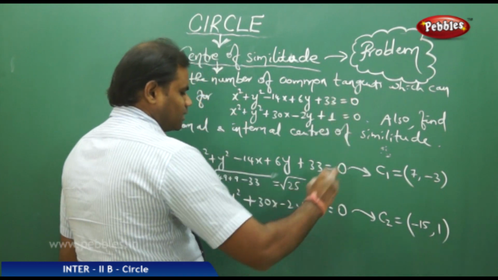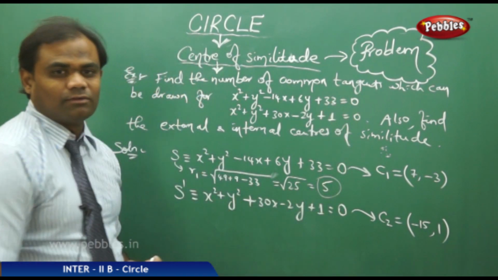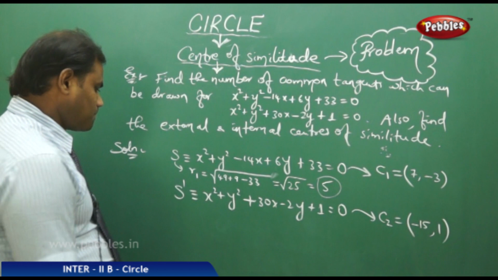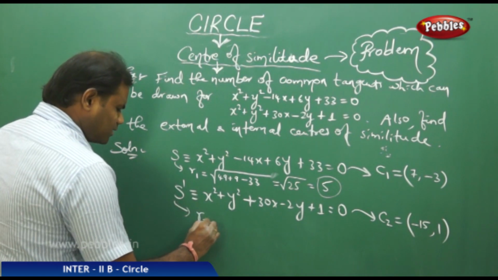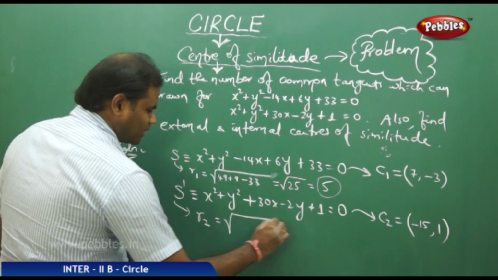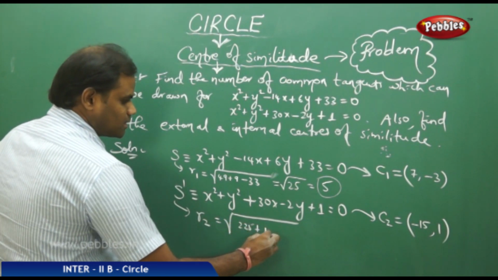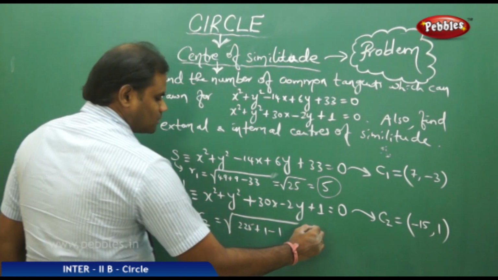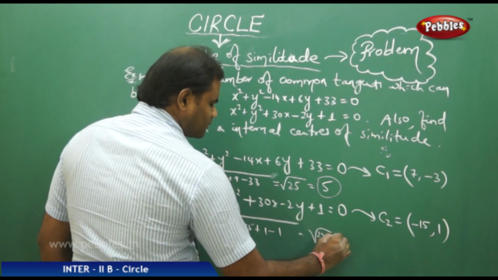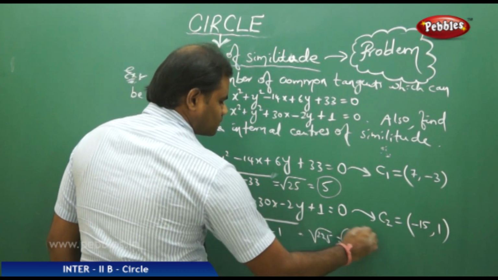So root 25 is 5. This is the radius of the first circle, R1. Similarly, if R2 is the radius of the second circle, then I have root of g squared plus f squared minus c, that is root 225, which is 15.